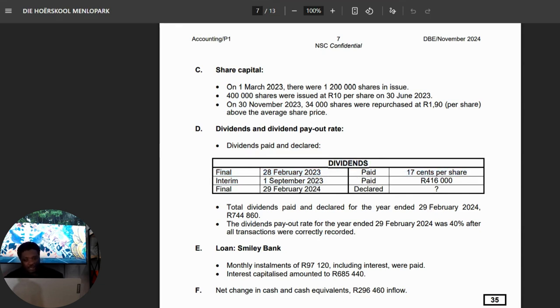So again, that relates to the previous year. So this is not a current year dividend, but for the current year, we declared a dividend during the year and paid it. So that's 416,000, and then the other dividend remains declared. So if you look at the total dividends of the current year, 416,000 has been paid, and therefore the difference would be what is still declared, or what we call the final dividend.